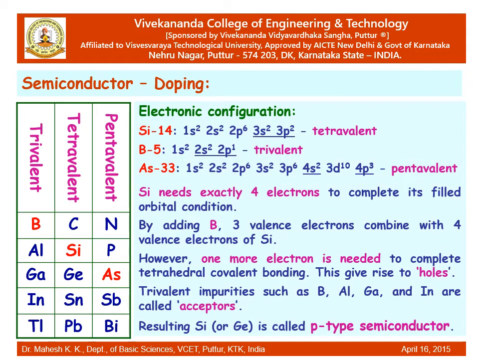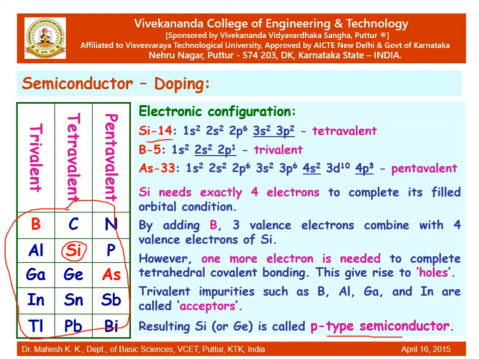To explain doping, I have taken an extract of the periodic table here. You can refer to the periodic table a few slides before. Now let us explain doping, and we are going to produce a p-type semiconductor. Let us consider silicon here, and you know the silicon electronic configuration.